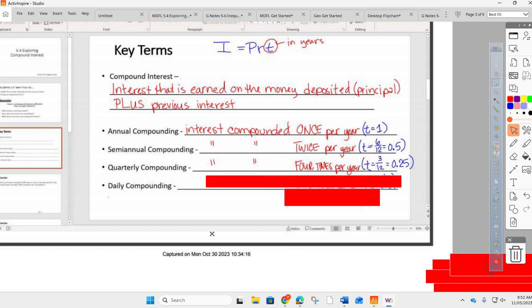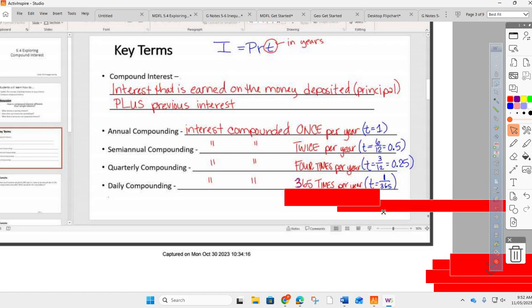Daily compounding means it's compounded 365 times because there are 365 days in a year, except a leap year, and then it's compounded 366 times. And yes, they do adjust for that, whether you're paying the interest or earning it.